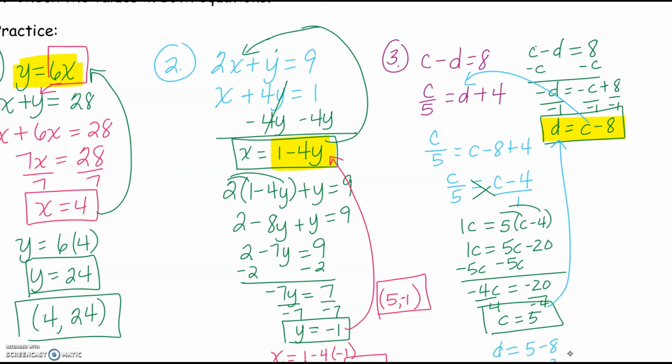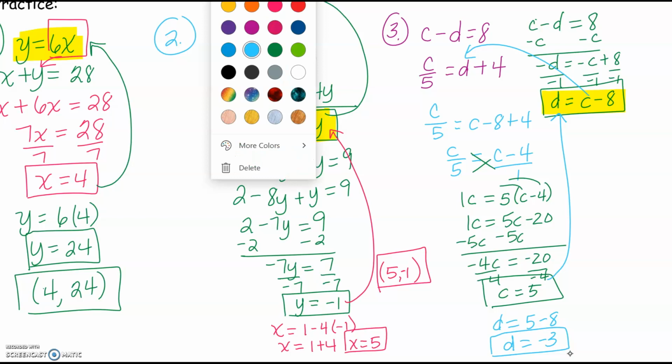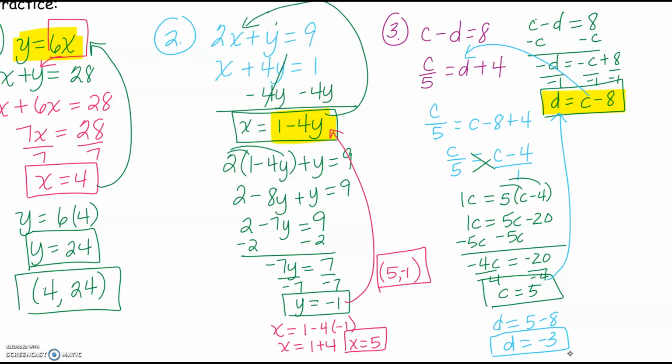Again, there's a couple ways that you can solve these. So you may have chosen a different one to solve in terms of, and that is totally fine. C comes before D, so my solution is 5, negative 3.